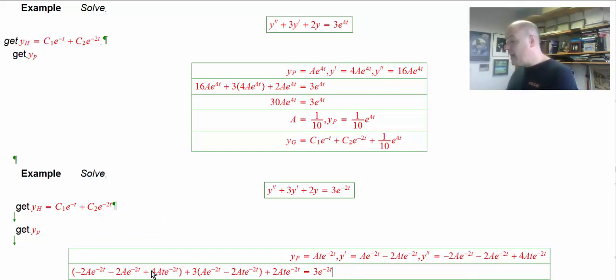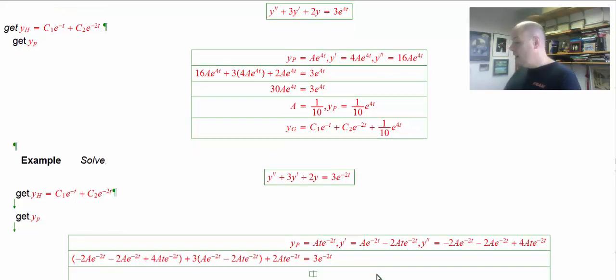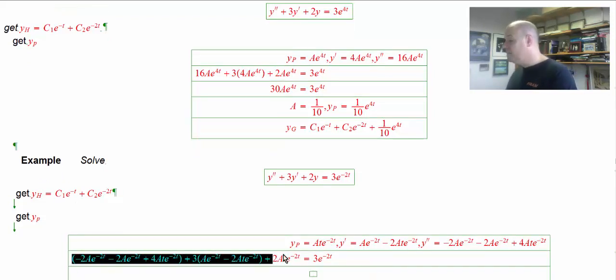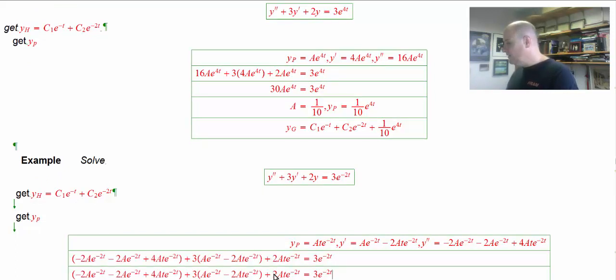You'll notice there are two types of algebra on this left-hand side. There are pieces with a t a and pieces without a t a. Let's look at the pieces with the t a. There's 4 of them here, minus 6 of them here, plus 2 of them there. Yeah, they all cancel out.